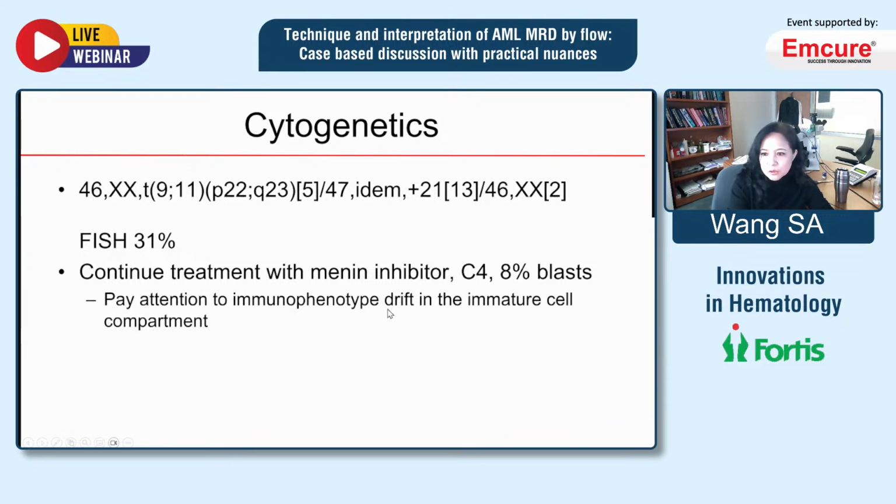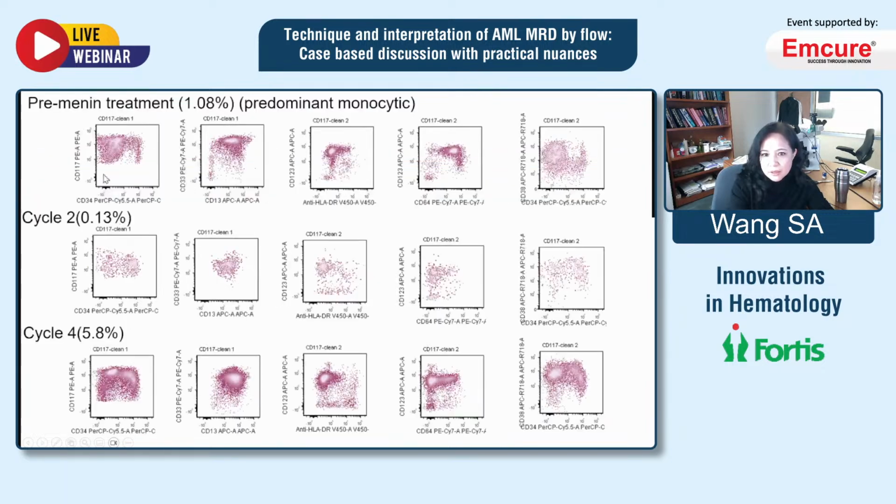So the patient continued treatment with menin inhibitor, then after cycle 4, the disease started to have morphological relapse. This is the one at cycle 4, where we see more of these immature cells. This is typical of what we saw before in monocytic leukemia, before venetoclax treatment.